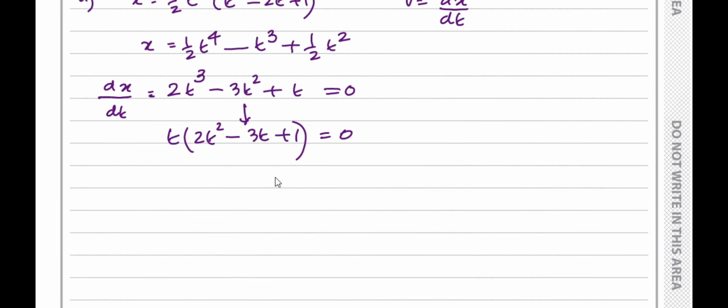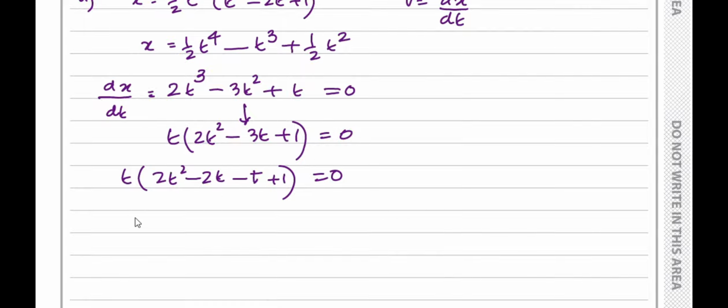All right. Now it's only a matter of factorizing and solving the second part of this equation. So when you multiply, you get 2. When you add, you get minus 3. So that must be 2t square minus 2t minus 1t plus 1 is equal to 0, right? So minus 3t here, and when you multiply minus 2t, minus 2 and minus 1, you get 2. All right.